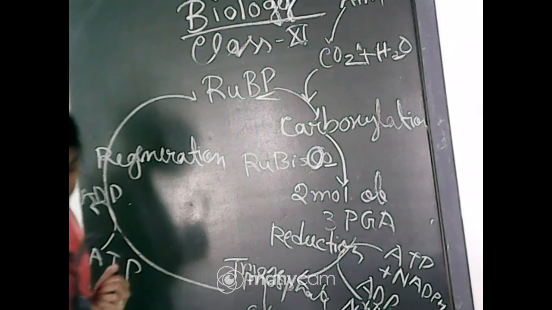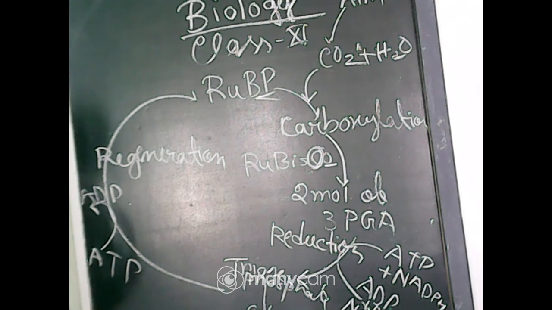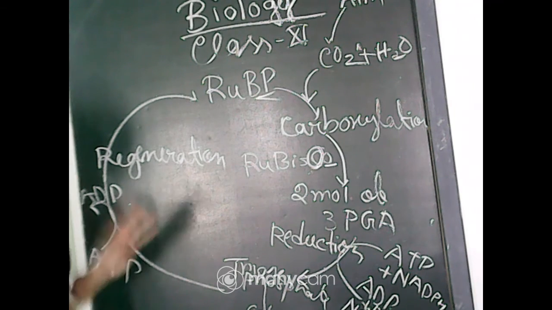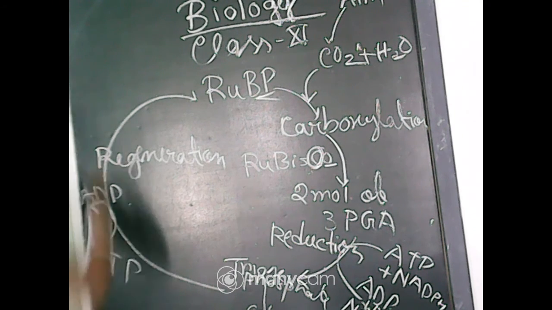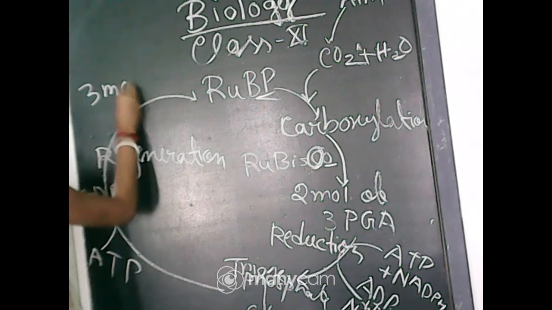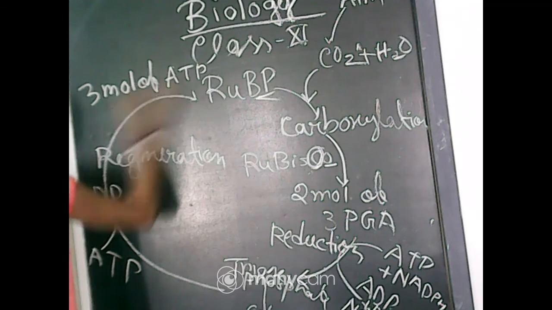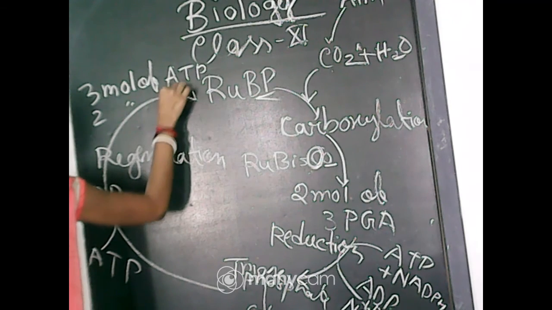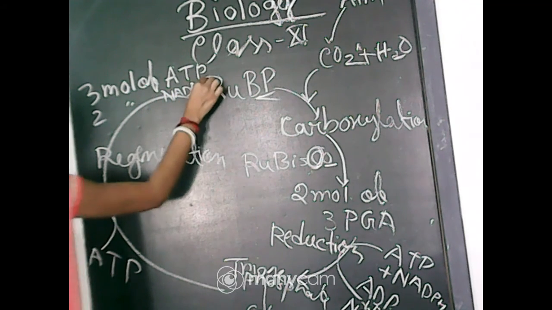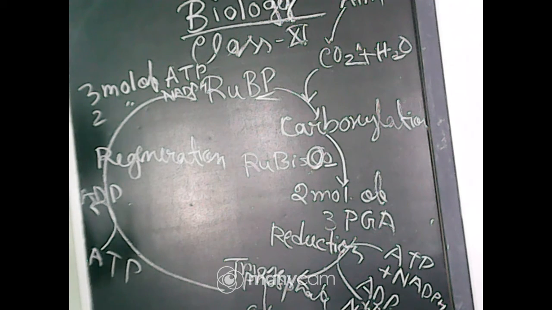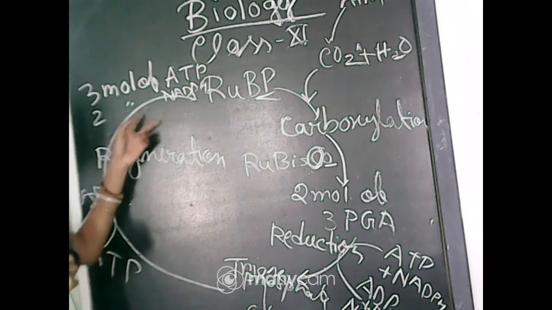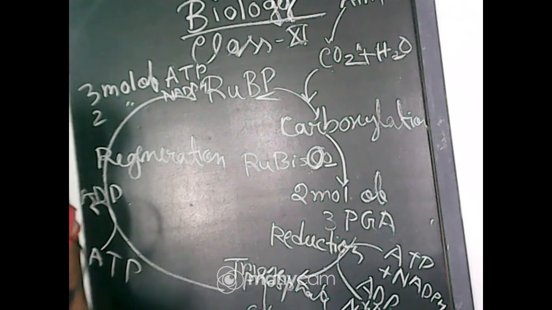Now, for every carbon dioxide molecule entering the Calvin cycle, 3 molecules of ATP and 2 molecules of NADPH are required. You have to remember that part also.